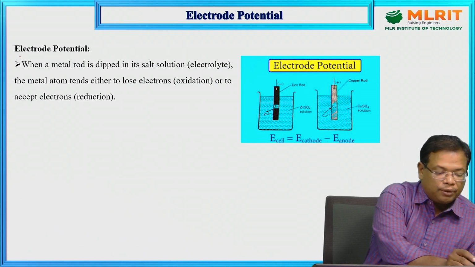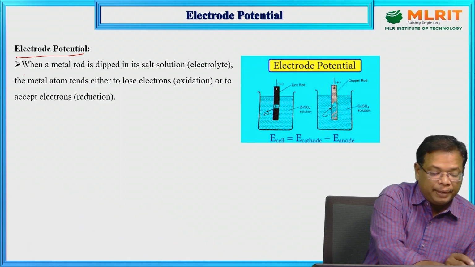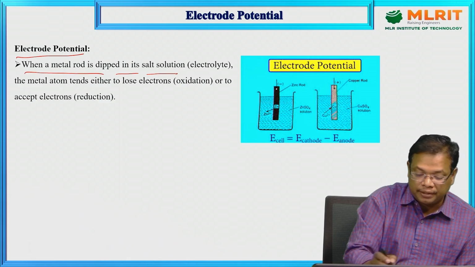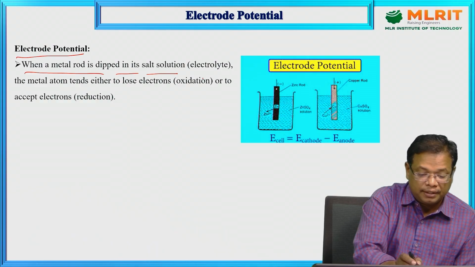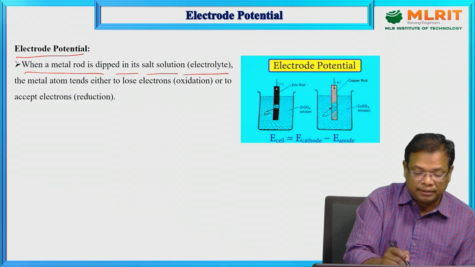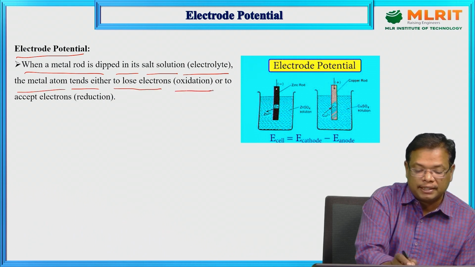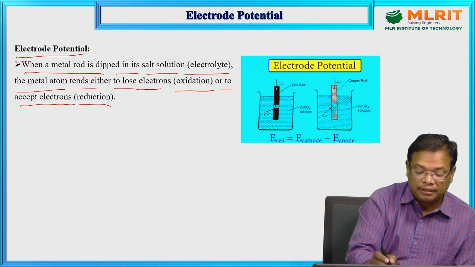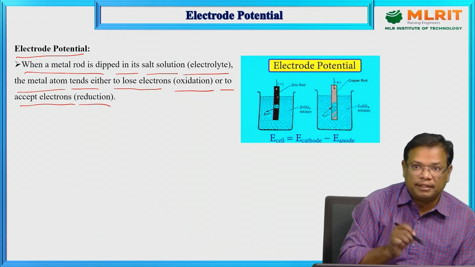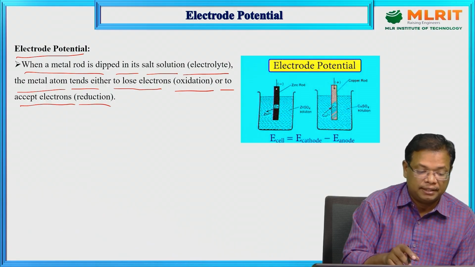Electrode potential. Look at this figure. When a metal rod is dipped in its salt solution, for example a zinc rod in a salt solution, the salt solution is the electrolyte, and the metal atom tends either to lose electrons, oxidation, or to accept electrons, reduction. Whether the metal atom from the electrode is going to lose electrons or gain electrons, that tendency is the electrode potential.